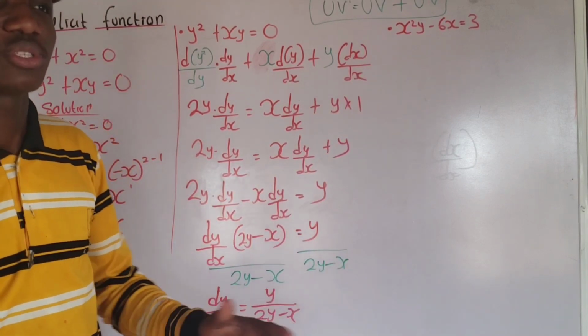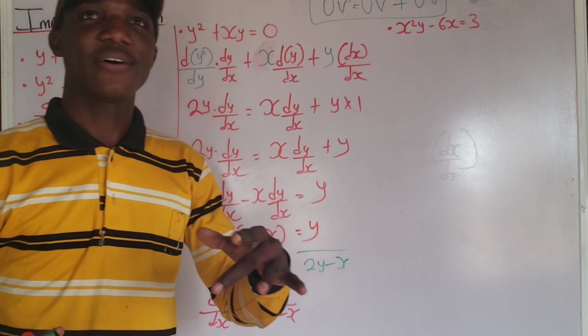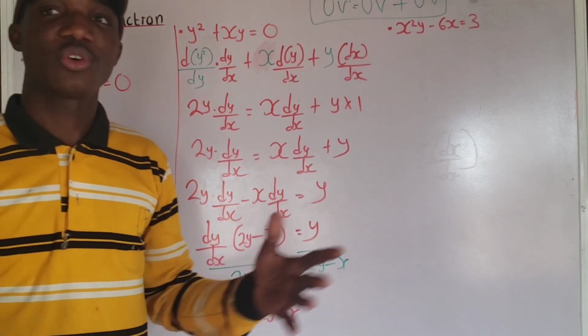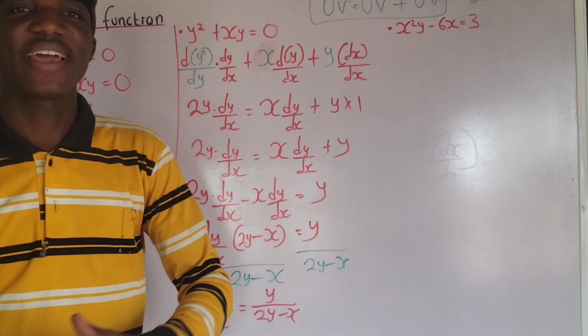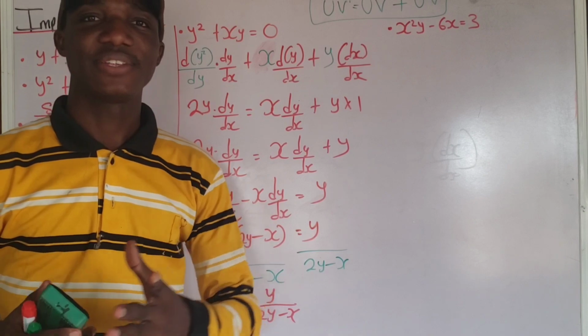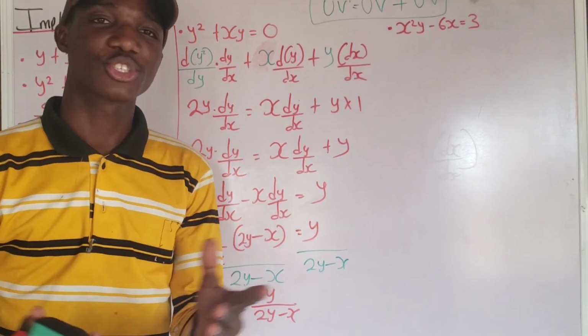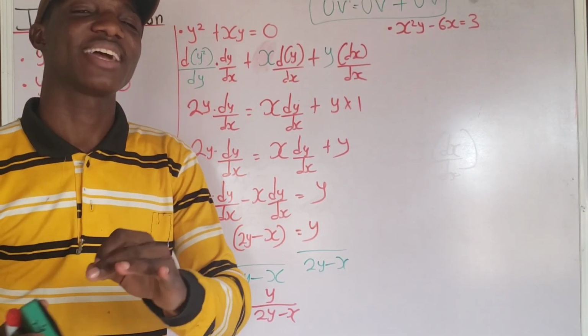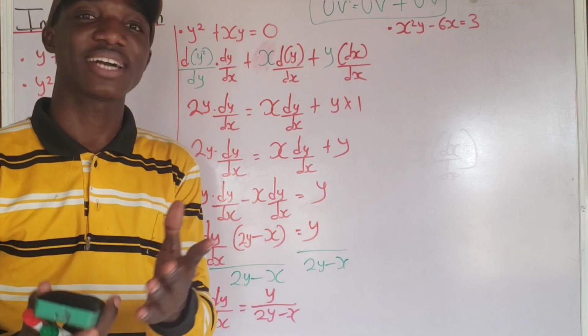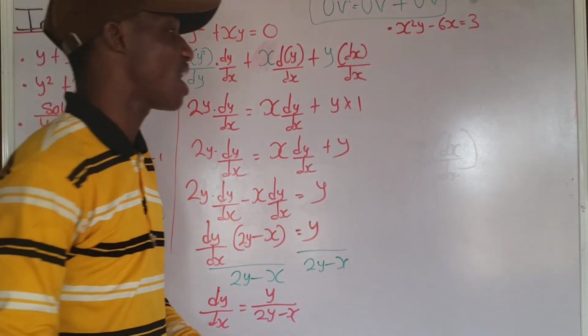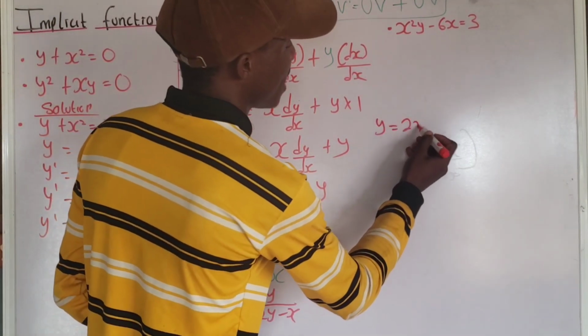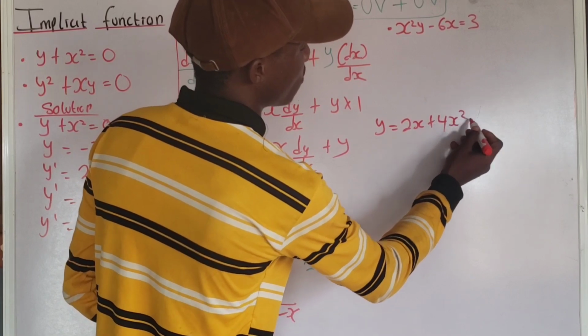When we were dealing with other methods, like chain rule, those functions we were differentiating back then were not implicit, because they were directly expressed. An example is y equals 2x plus 4x squared.